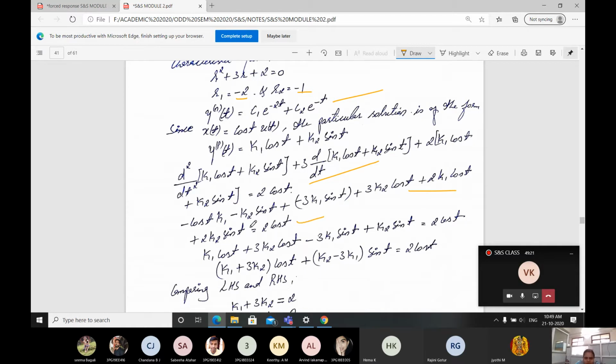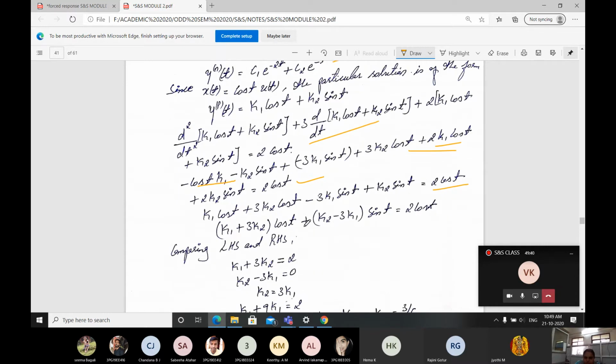Again, solve for this. You will get k1 cos t plus k2 cos t minus 3 k1 sin t plus k2 sin t, equal to 2 into cos t. Then taking cos t and sin t as common, you will get k1 plus 3 k2 times cos t plus k2 minus 3 k1 times sin t, equal to 2 cos t.